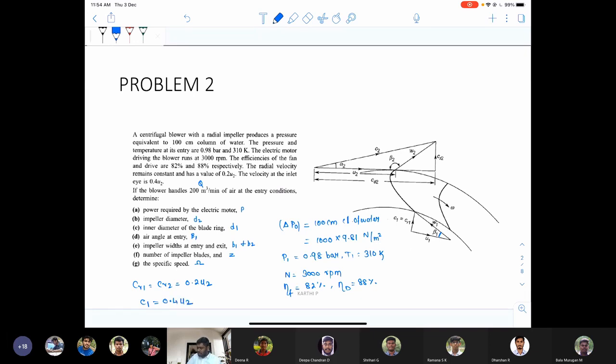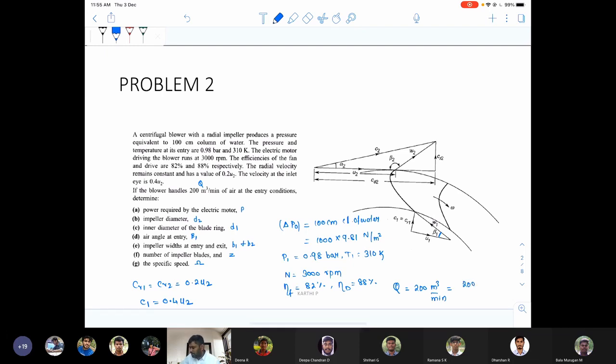You have these values, and at last, the blower handles 200 meter cube per minute of air, that is the discharge Q. Q is equal to 200 meter cube per minute. We have to convert it into meter cube per second.